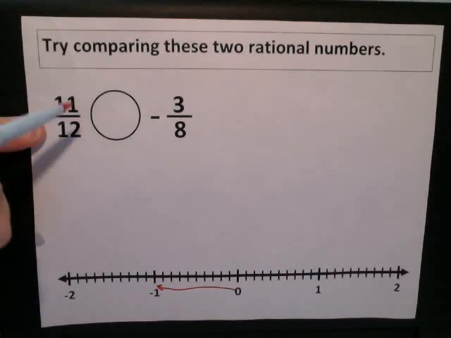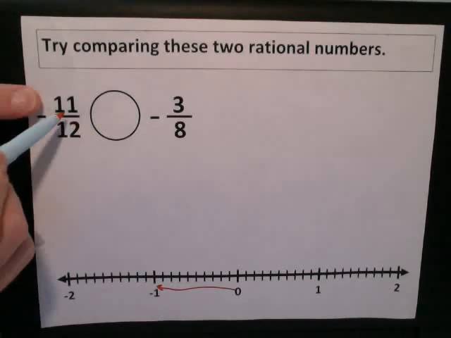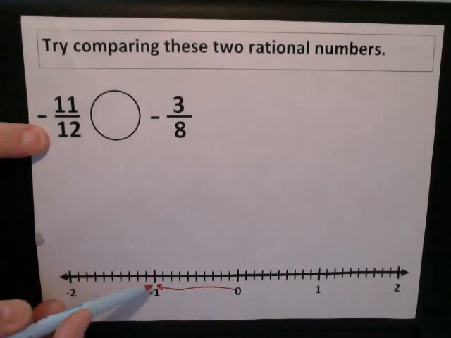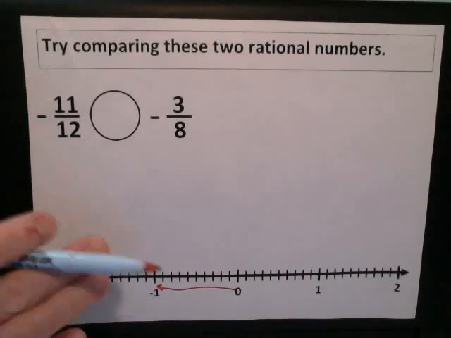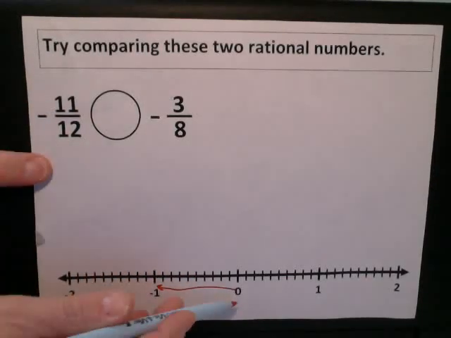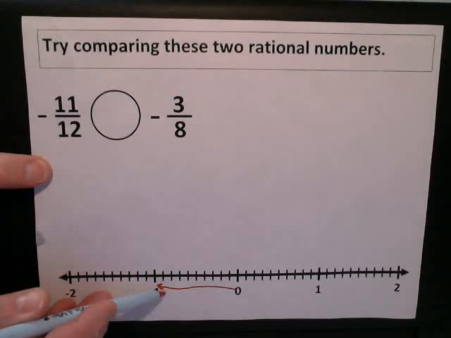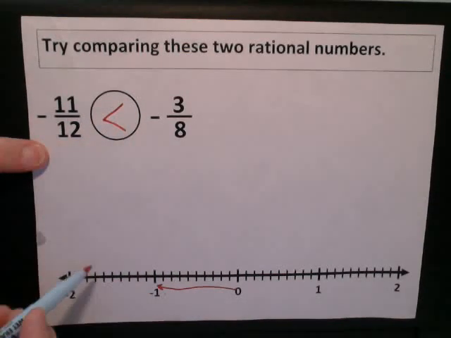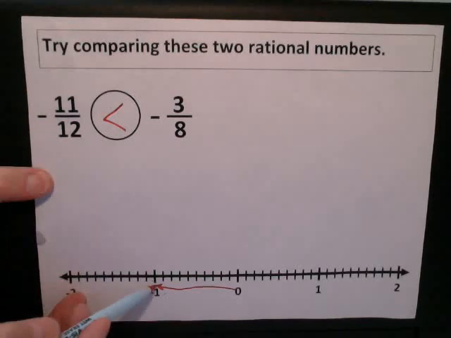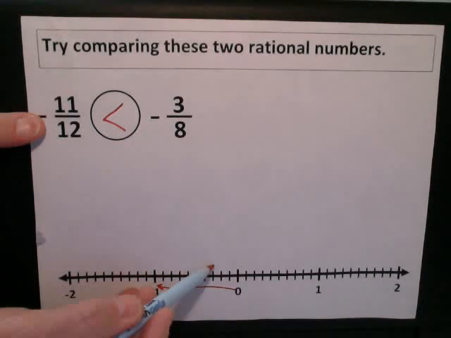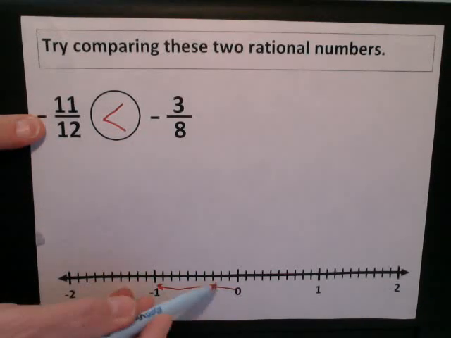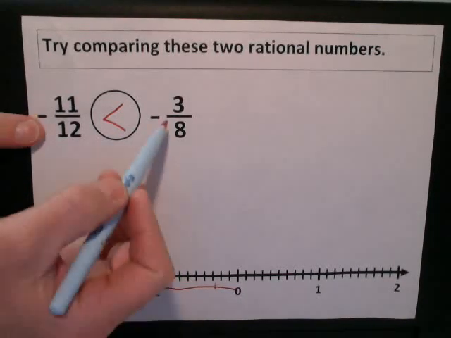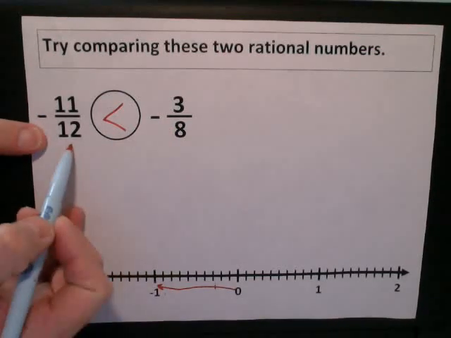So in this case we would know that this one is further to the left. But remember what your rules are. Further to the left means less than. I know that 11/12 is pretty close to the one whole unit point here, and that means that 3/8 would be somewhere back in here. So I know that this would be greater than that.